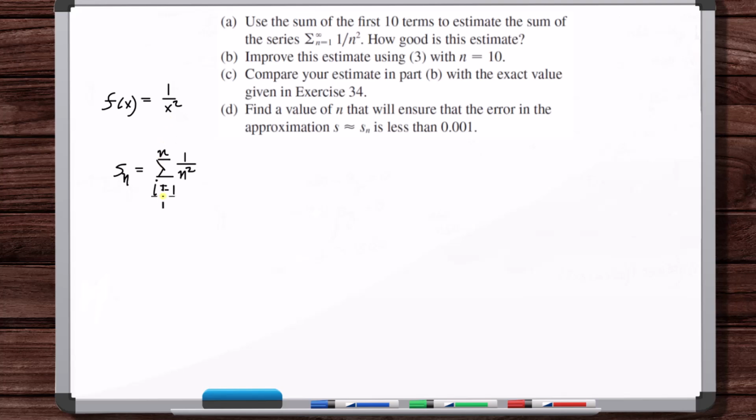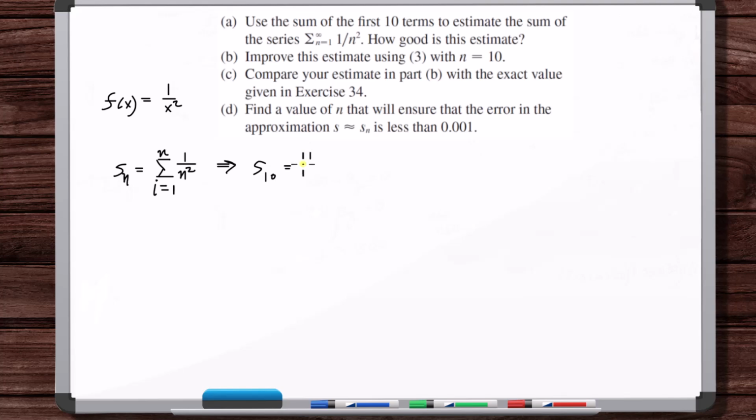Okay, this is positive for x from 1 to infinity. It's continuous and it's decreasing. So this is eligible for both the integral test and we can use the r sub n estimation technique. Okay, but we want to do s sub 10 here.